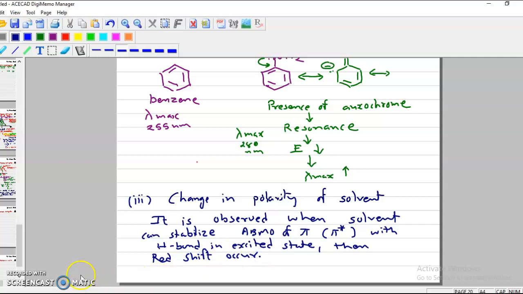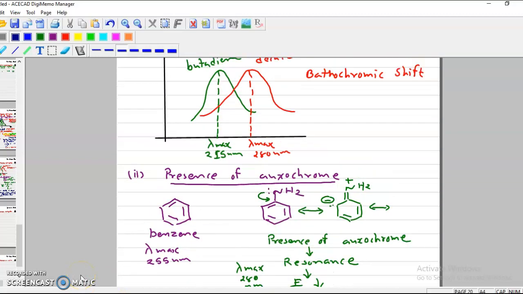So these are the main three reasons for bathochromic shift in any compound.